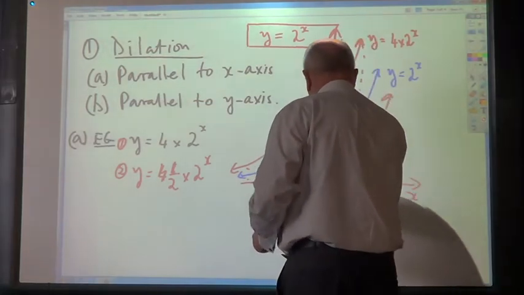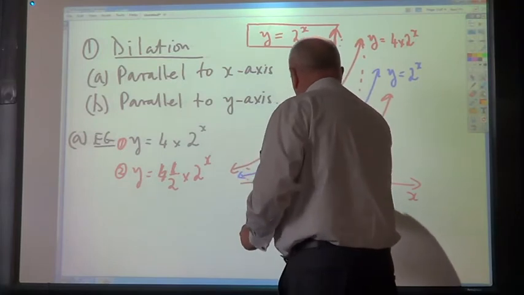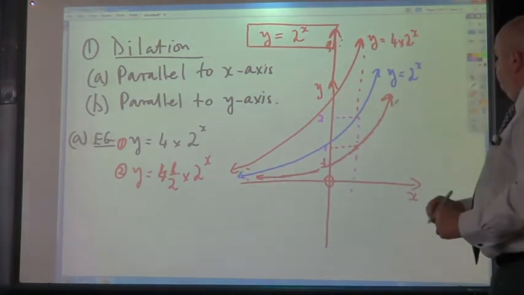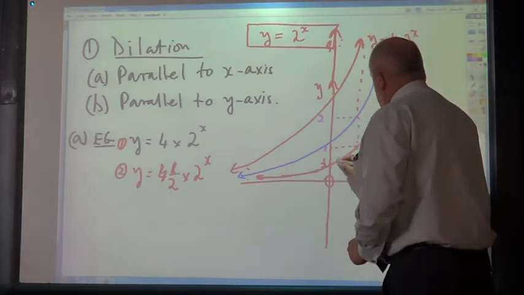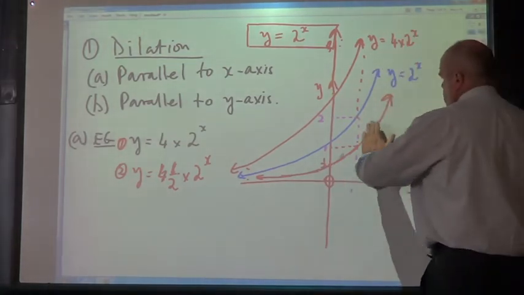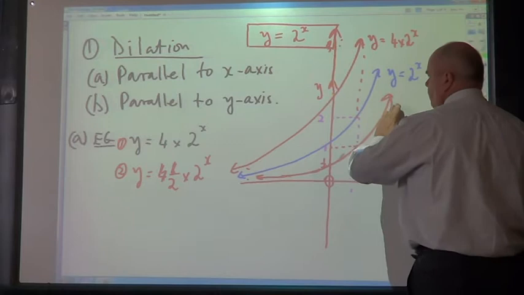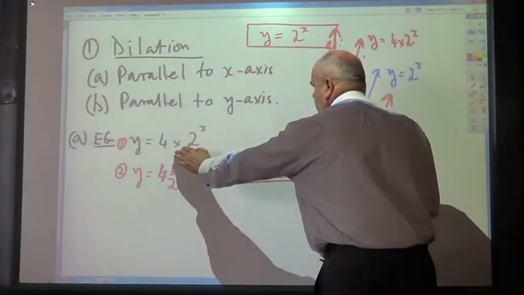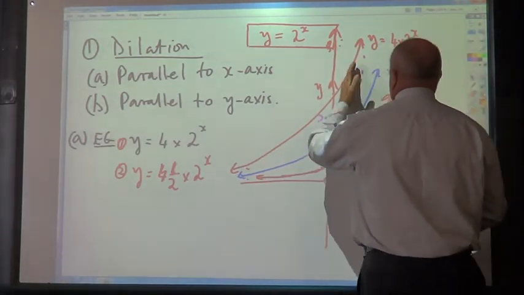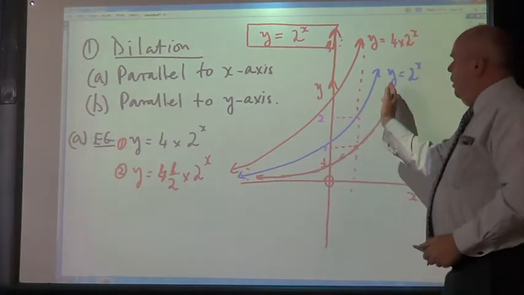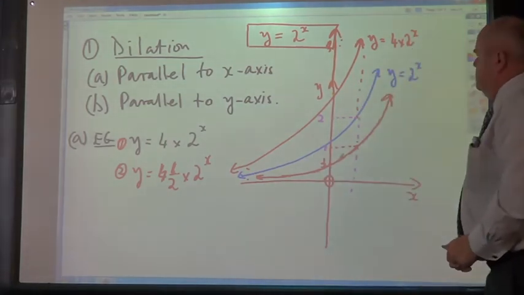Excuse this whiteboard today, it's being a bit badly behaved. These aren't parallel. As the value of the multiple increases, the curve is getting dragged closer and closer to the x-axis.